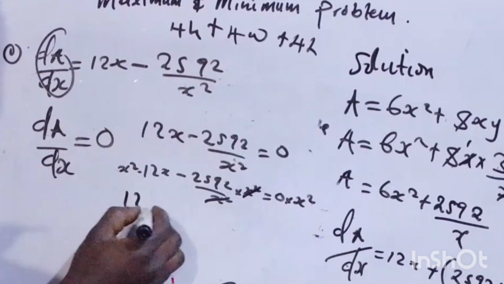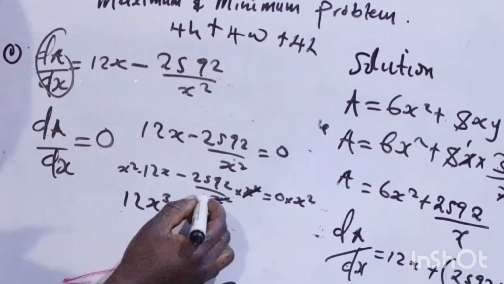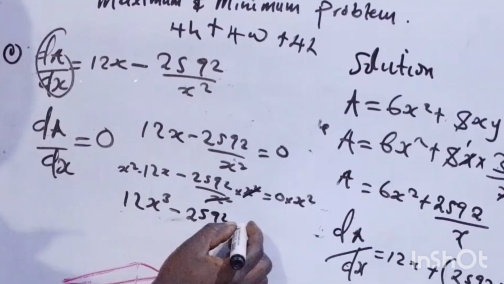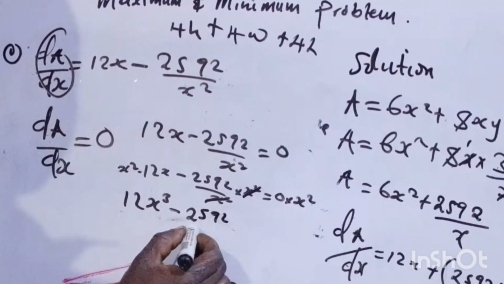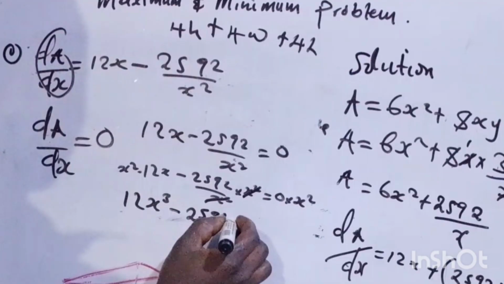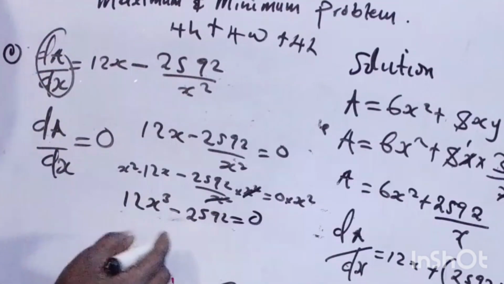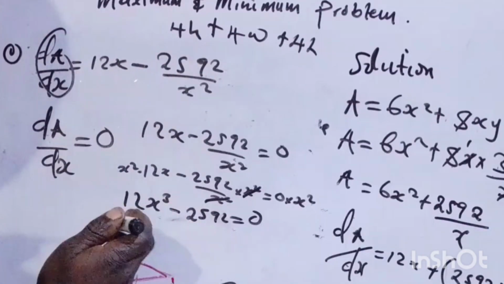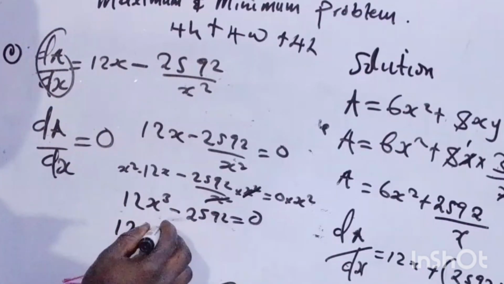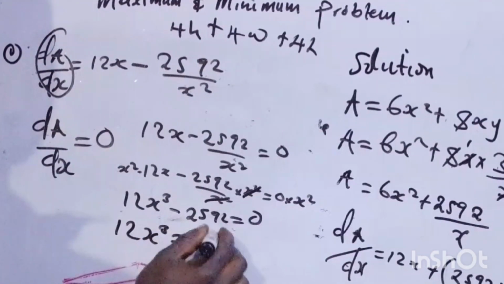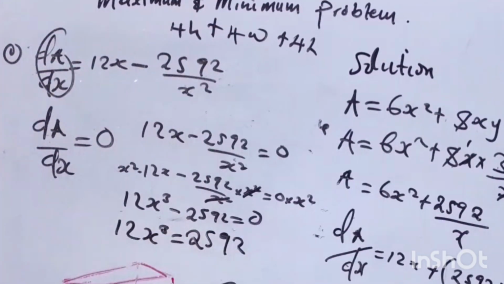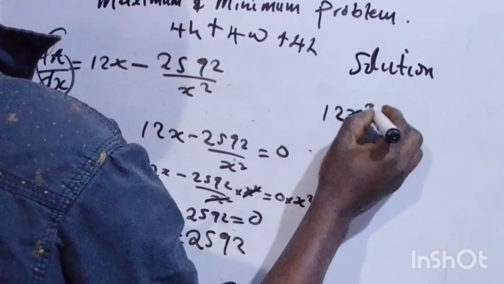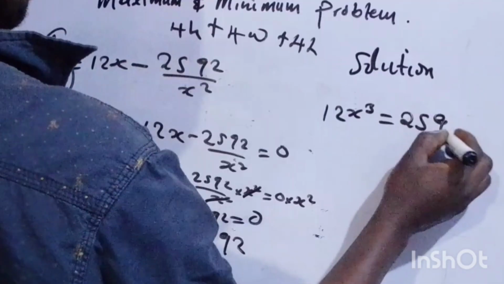We're going to have 12x cubed minus 2592 equals to 0. Then you add 2592 both sides, in which we are going to have 12x cubed equals to 2592. So 12x cubed equals to 2592.